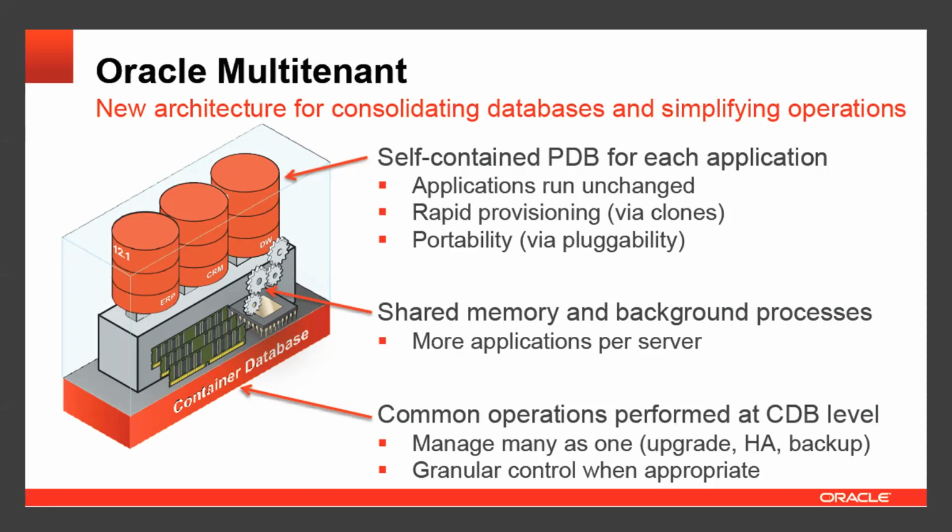Then portability via pluggability, so you can actually unplug and plug back these databases, and I'll show you in the following slides. Another key benefit is that you are sharing memory and background processes across multiple databases, so you are saving resources there. Another thing is common operations performed at the CDB level.